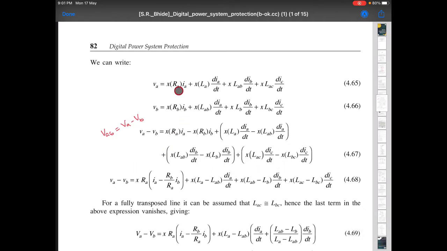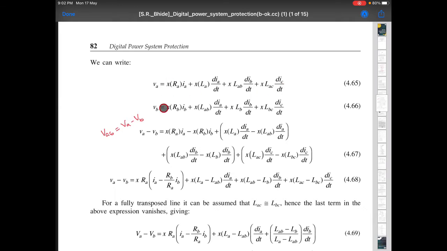So you can observe here, the real part has been subtracted, and these two terms are subtracted. Similarly these two, and these two. So whatever was common there has been subtracted.